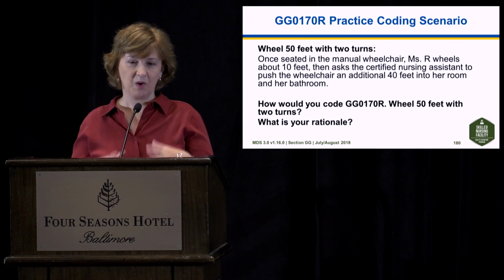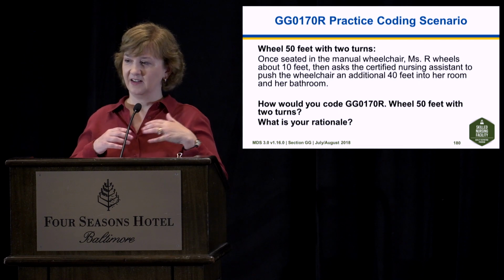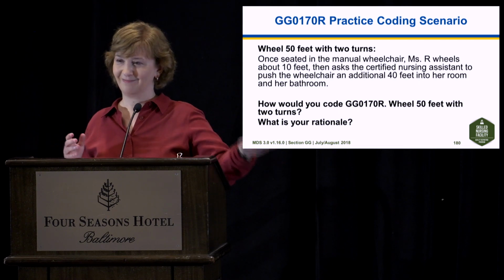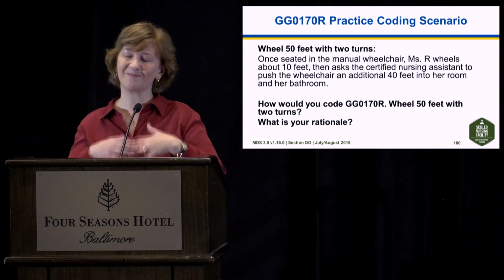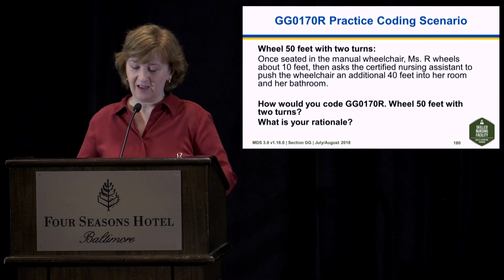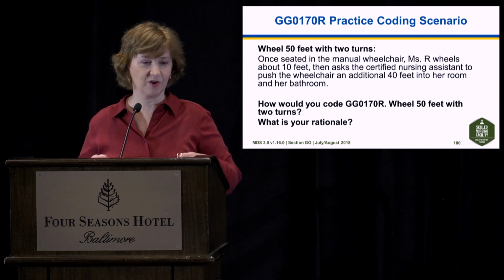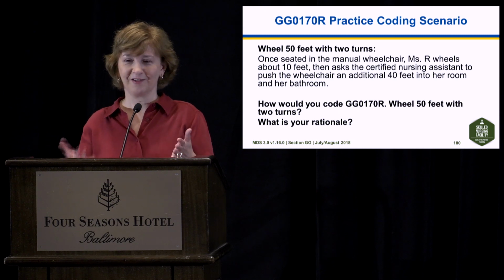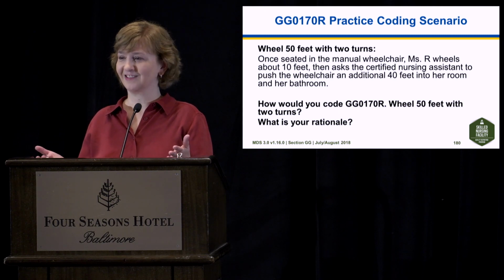So one of the things about wheelchair is that if somebody needs to go 50 feet, so it's maybe just arbitrary in this case, but if somebody needs to go 50 feet and the person has the endurance, let's say in this case, to go 10 feet, then is somebody else going to help go the balance of the distance? Yes.